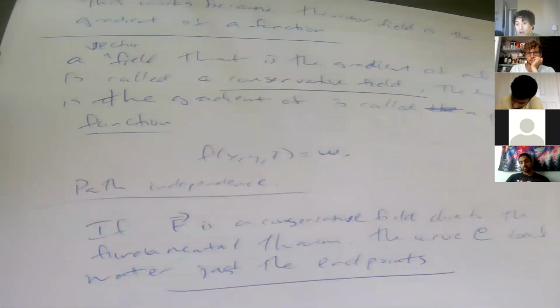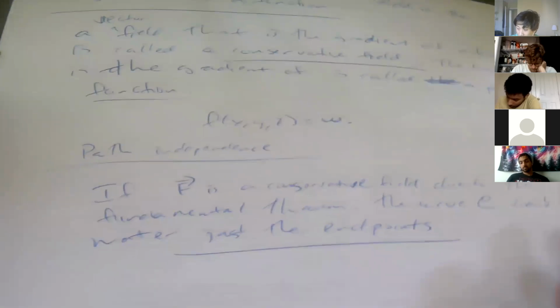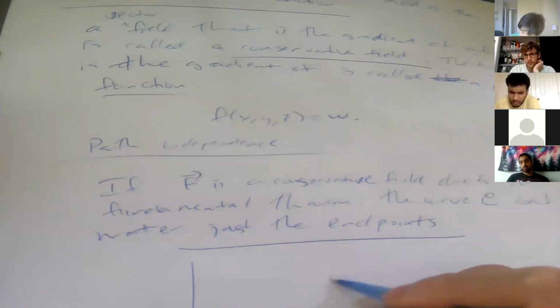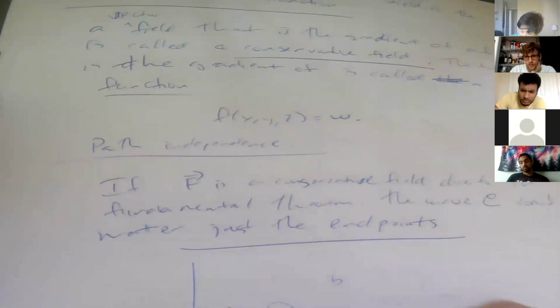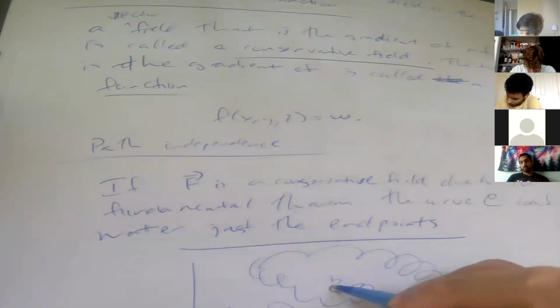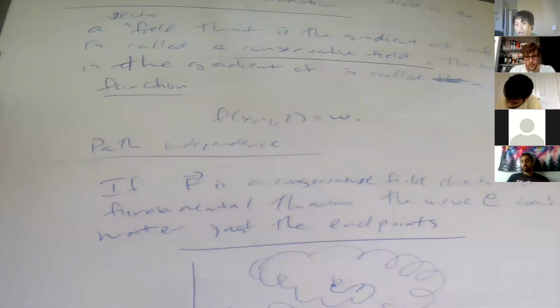That's what makes this theorem really nice. We don't care about the curve itself. So if someone gives you this hideous curve, for example, this is A and this is B, and my vector field is conservative, computing this line integral is exactly the same as computing that line integral.